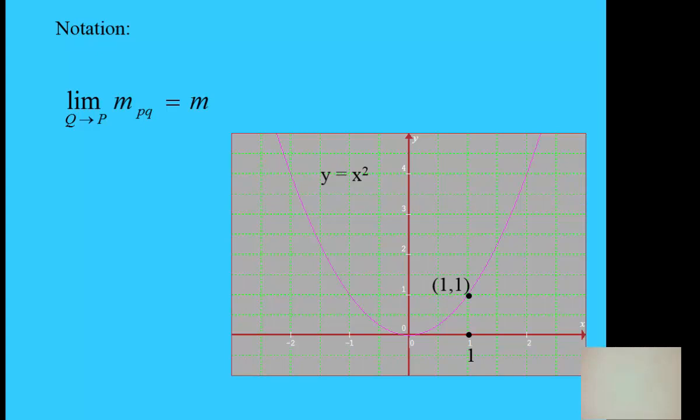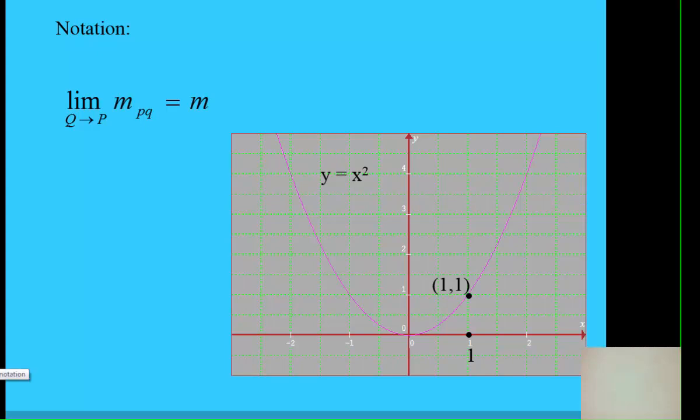We have lim, which is called the limit. That means the limit as Q goes to P. Now, in our example, we're letting this point right here be P, and then we chose some arbitrary point out here. I'm just going to call this maybe just x.